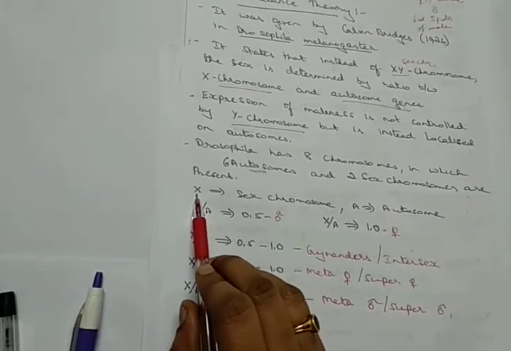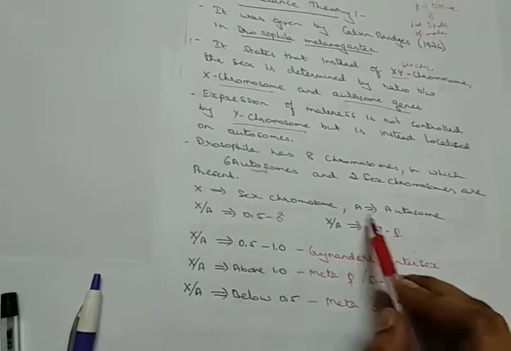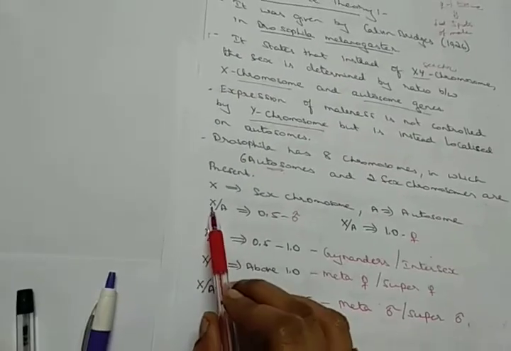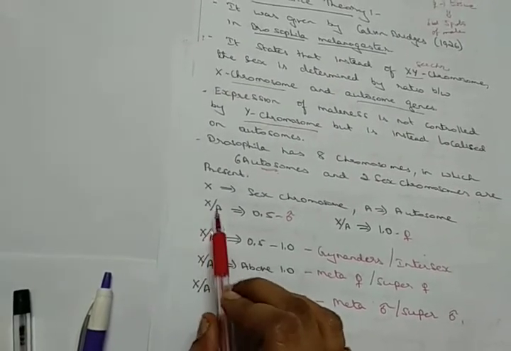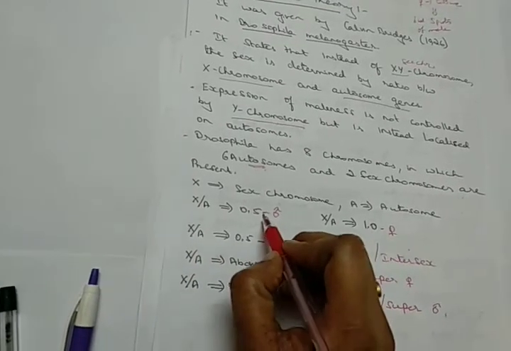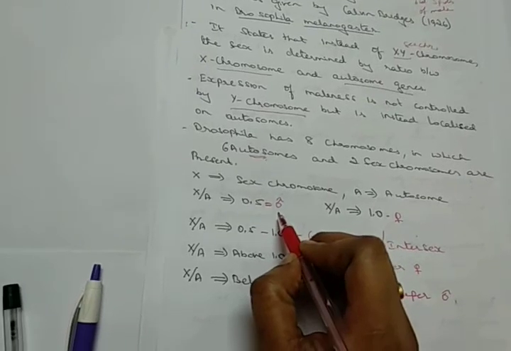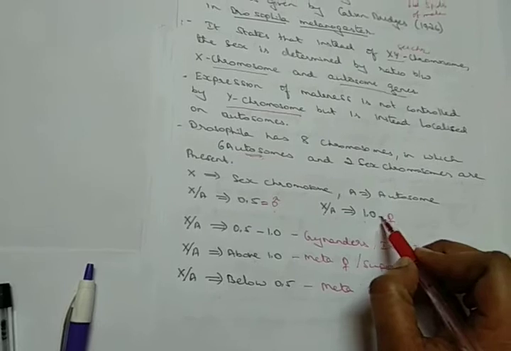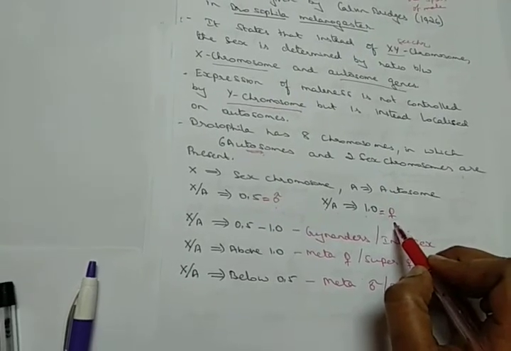If you call X the sex chromosome and A the autosomes, then X by A, that is X divided by A, if it is 0.5, the animal is going to develop into a male. If X by A is equal to 1, the animal is going to develop into a female.